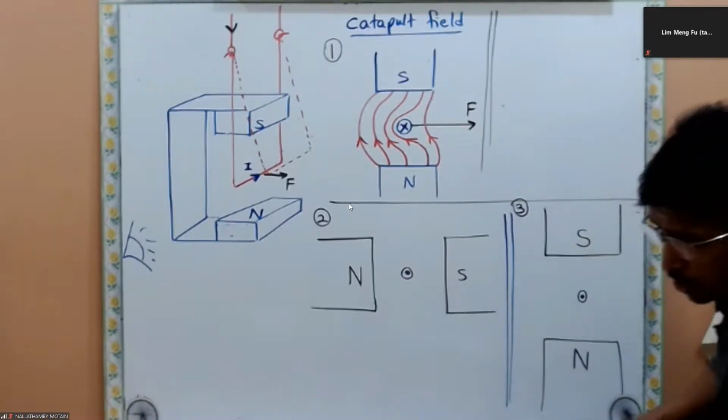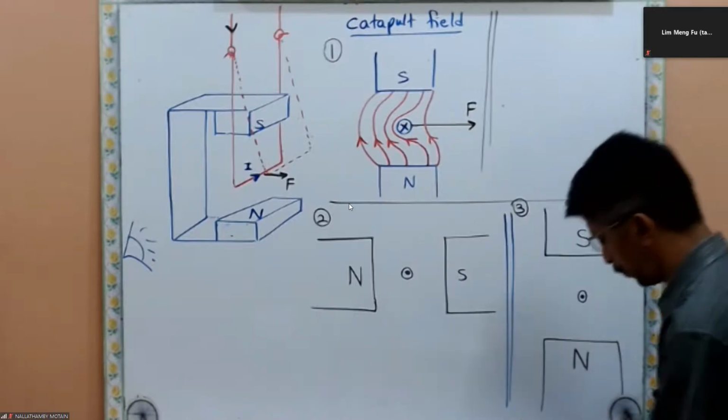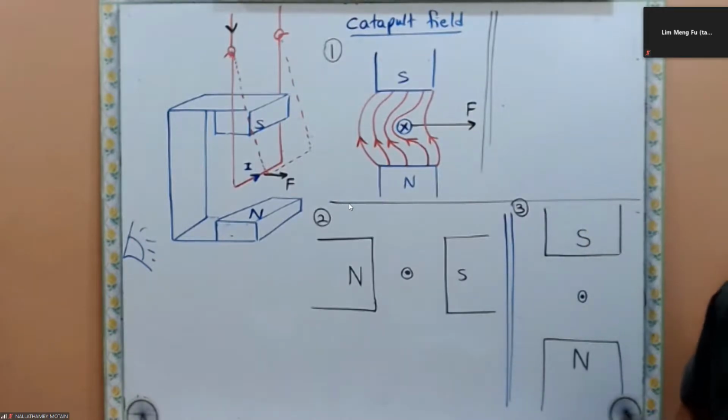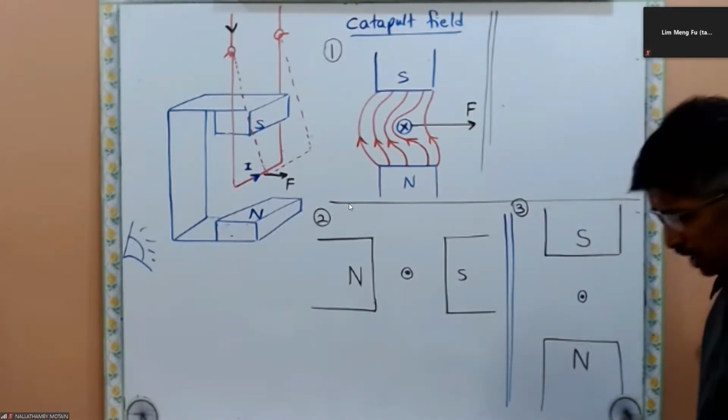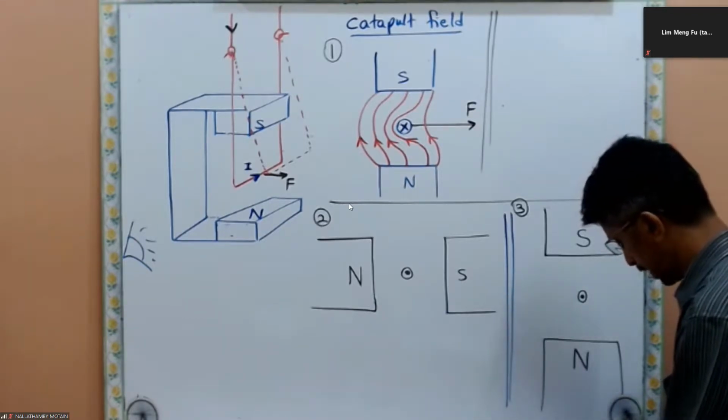Use correct rules, Fleming's left-hand rule. Then identify the force. Draw the direction of force. Then only the resultant magnetic field.